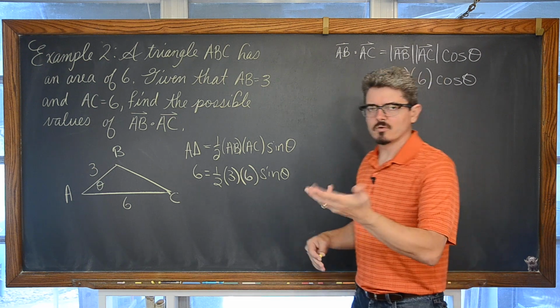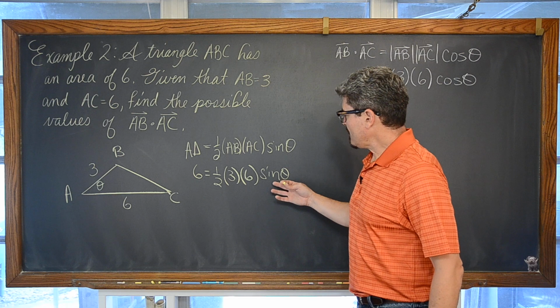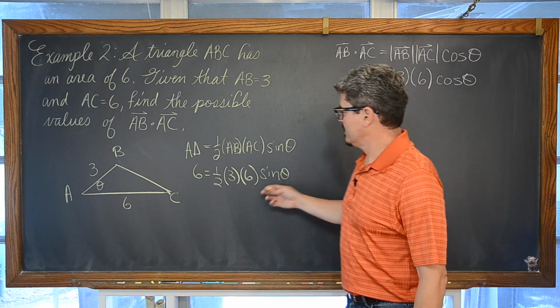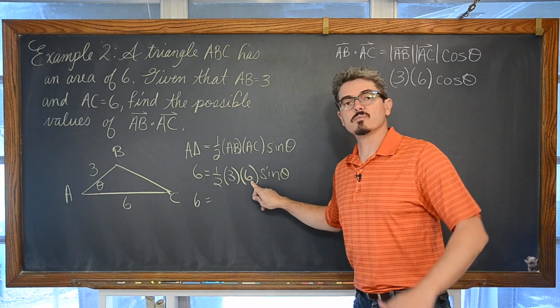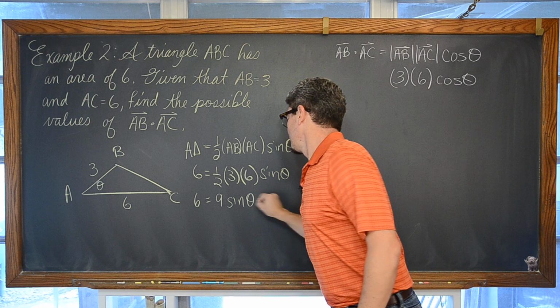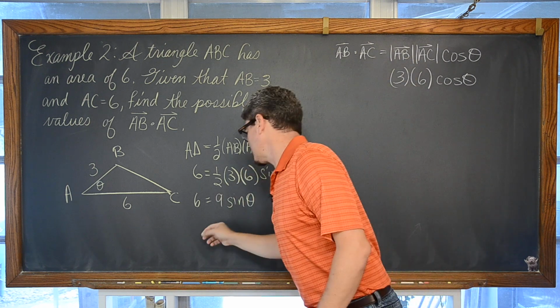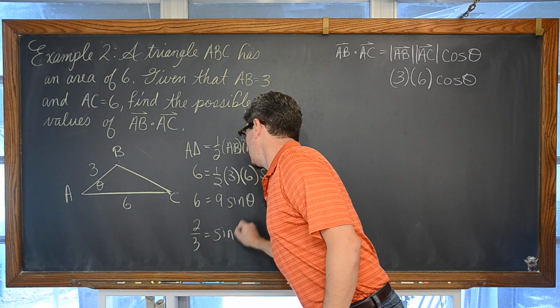If we open the door up to other quadrants, we have to have one more piece of information, like maybe another trig function. But we have 6 is equal to half of 6, which is 3, and 3 times 3 is 9. Divide both sides by 9 and reduce the fraction, and we have 2/3 is equal to the sine of theta.